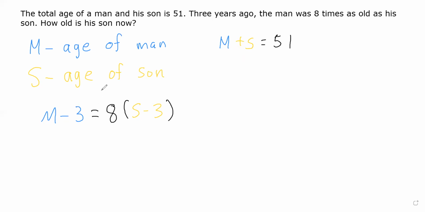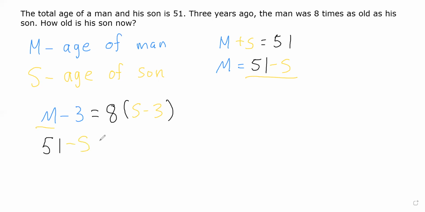Well, I should probably isolate one variable first, because here we only have one equation, but we have another equation here. So we can say that M is equal to 51 take away S. Okay, so we can plug this value into M, because M is equal to 51 minus S. So we have 51 take away S, and then minus 3.